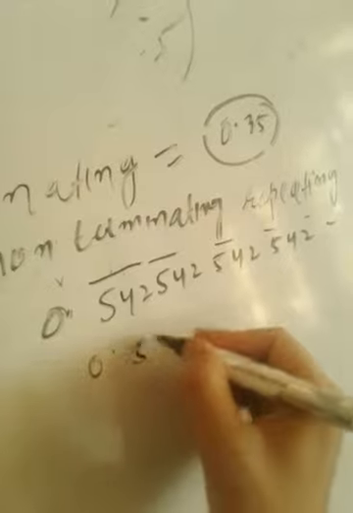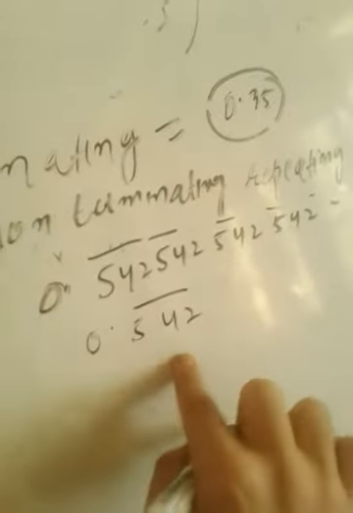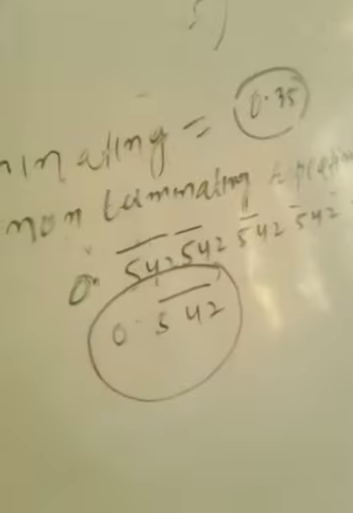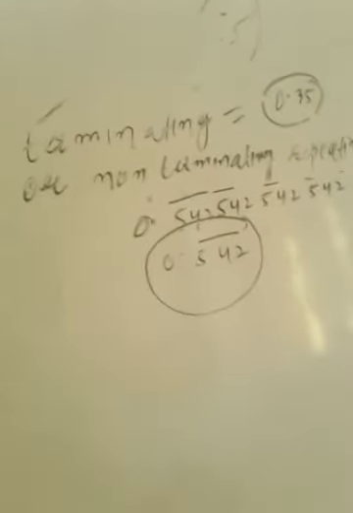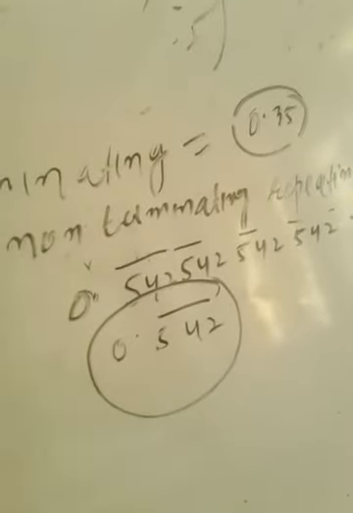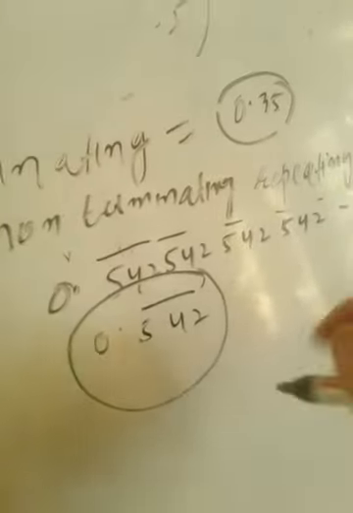So we can write it as 0.542 bar. This type of decimal expansion is known as non-terminating repeating, or non-terminating recurring. When you see this type of decimal expansion, immediately one thing should come into your mind: that this is a rational number. I hope you will get it.